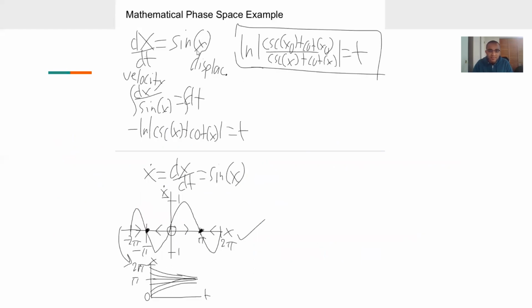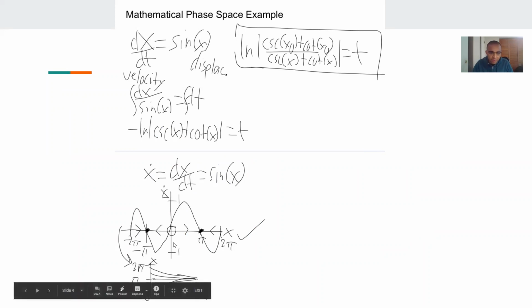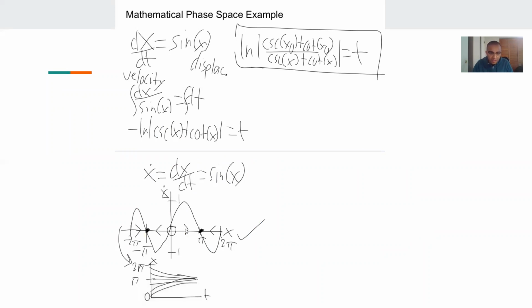And we also talked about a mathematical example in which we were solving this differential equation, x prime equals sine of x. And we were looking at how we can get an intuitive idea of this equation using the phase space. We were looking at our x against x prime plot over here, and how it was convenient to think of it as a particle on the x-axis. And we looked at stable points and unstable points, and then we used that to construct that small plot at the bottom.